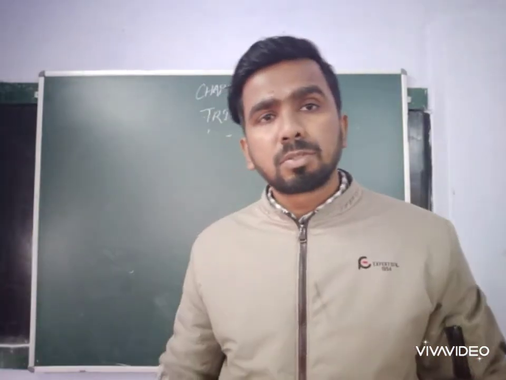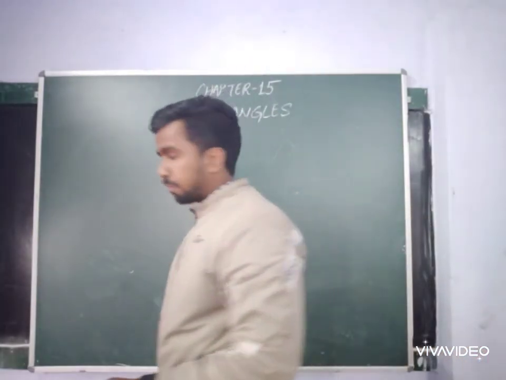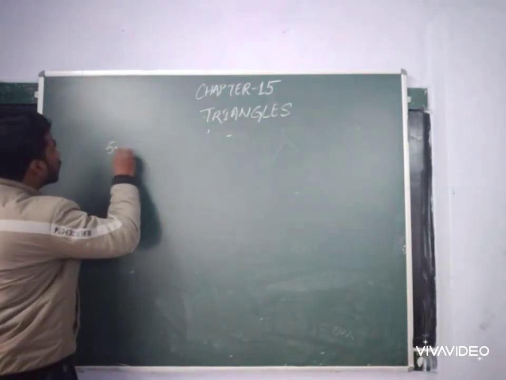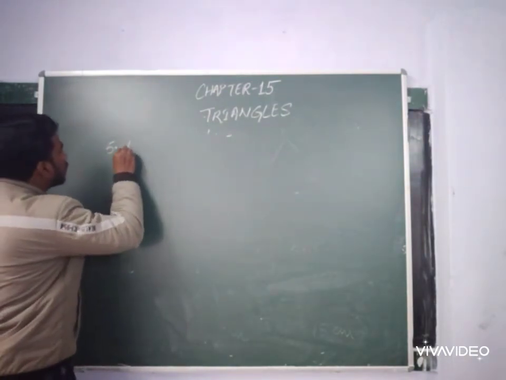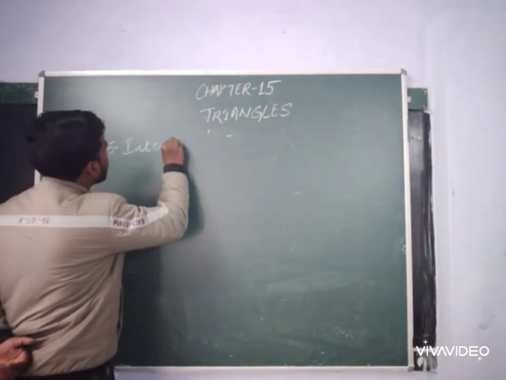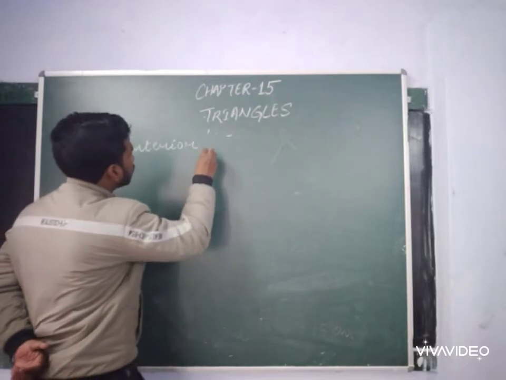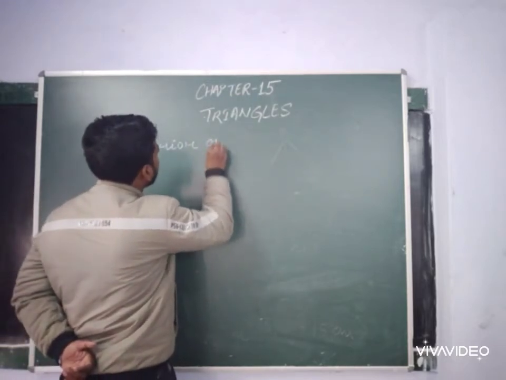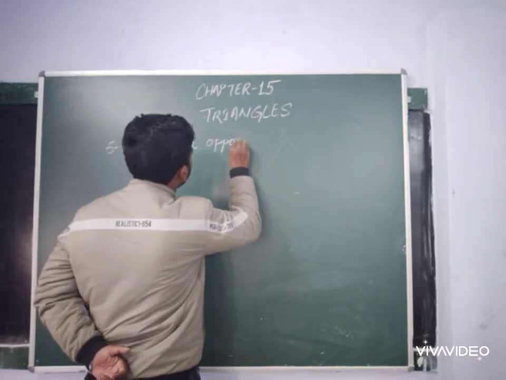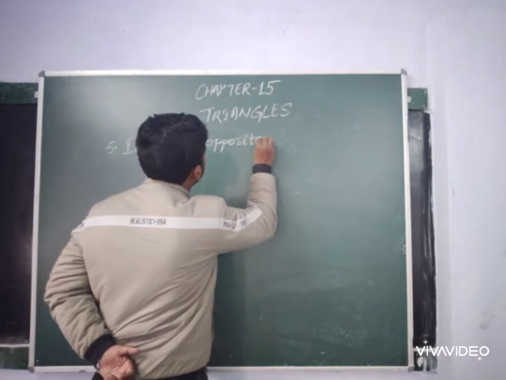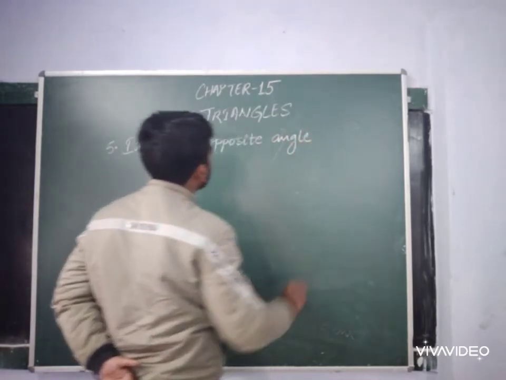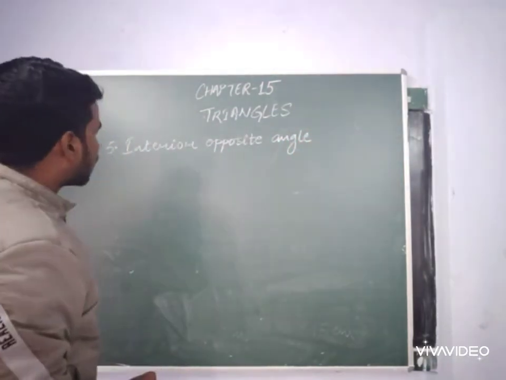So now our fifth kind of angle is interior opposite angle. First I will make you understand with a figure.